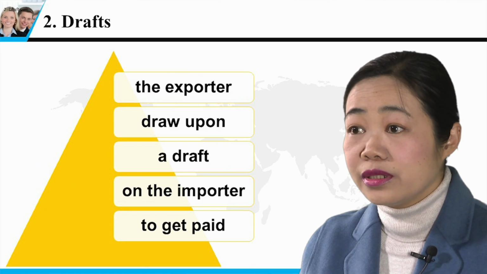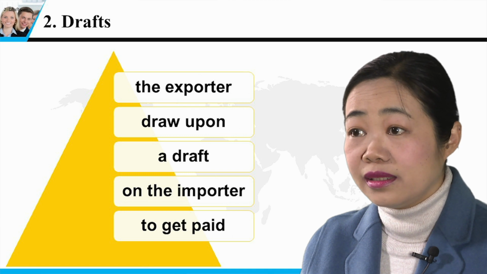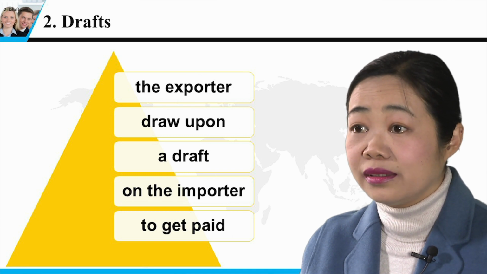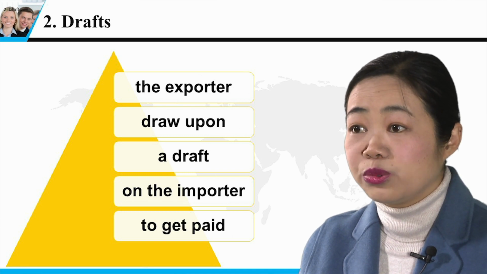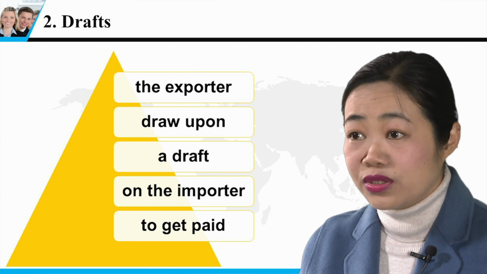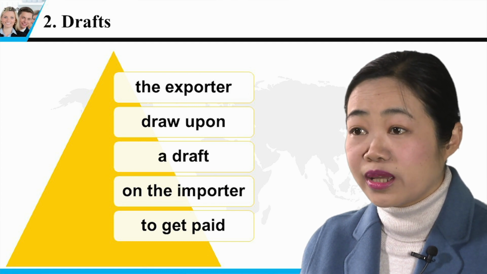Let's come to number 2, drafts. In the collection method of payment for goods, a draft is always drawn upon by the exporter to get paid. The exporter gets payment against the delivery just by a draft for the sum agreed as settlement in the export contract.